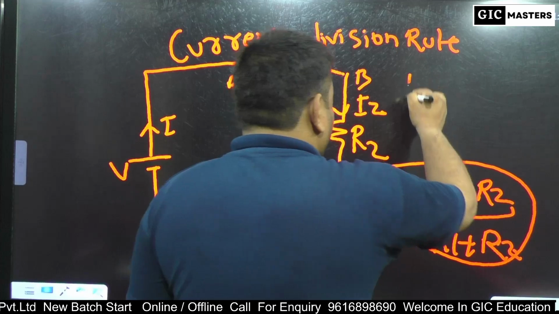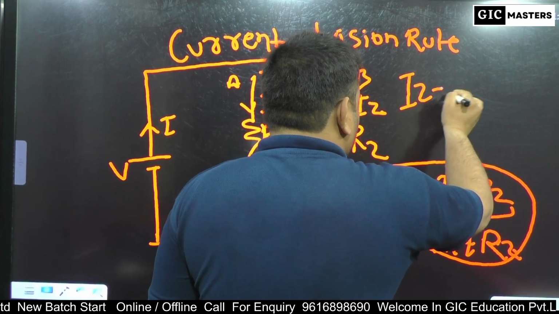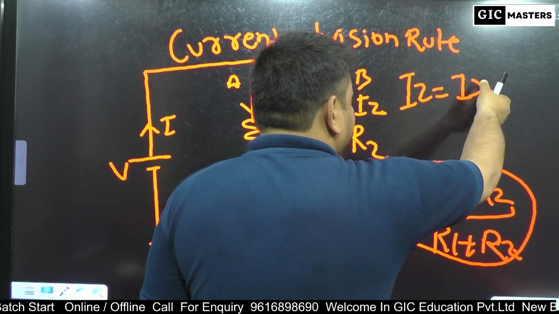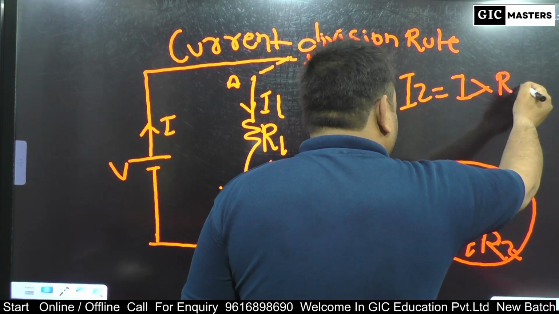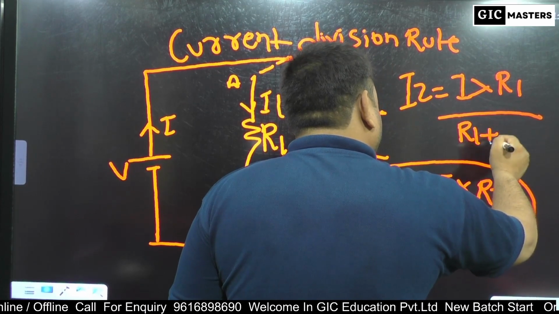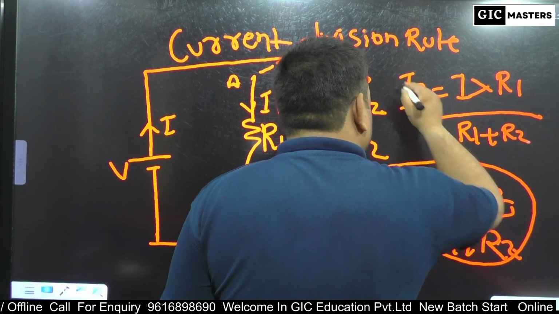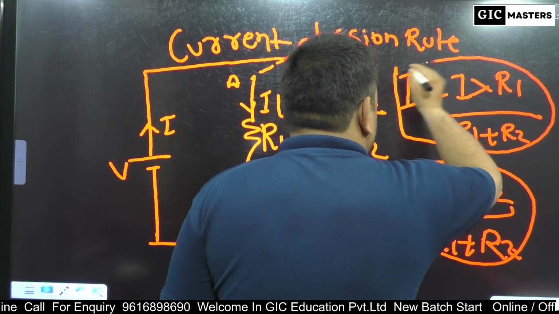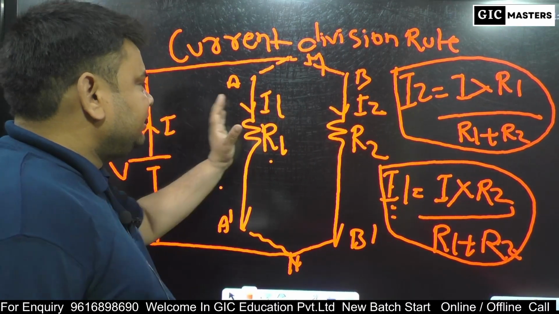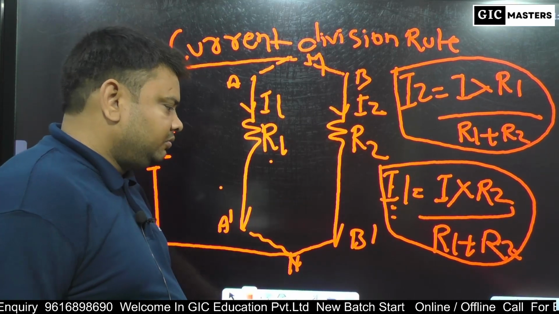Similarly, when we calculate I2, we write I multiplied by R1 divided by total resistance R1 plus R2. These are the current division rules.